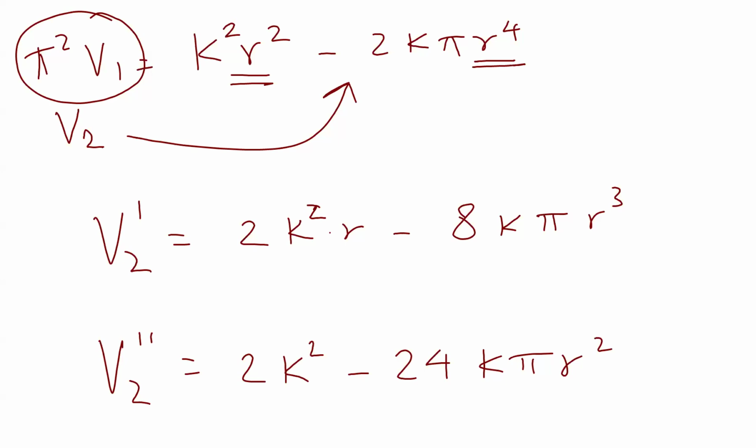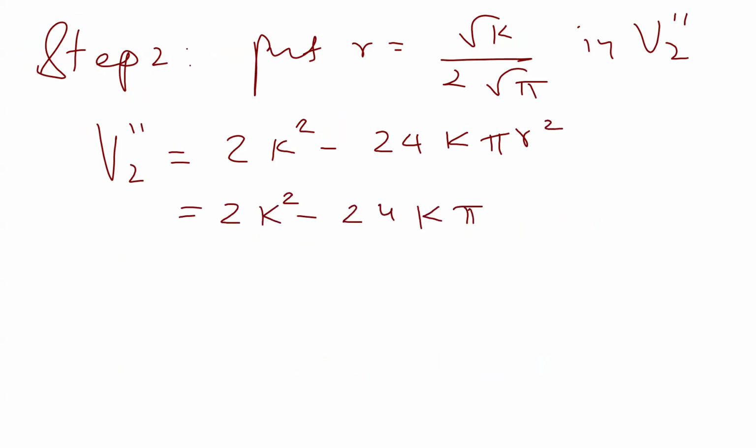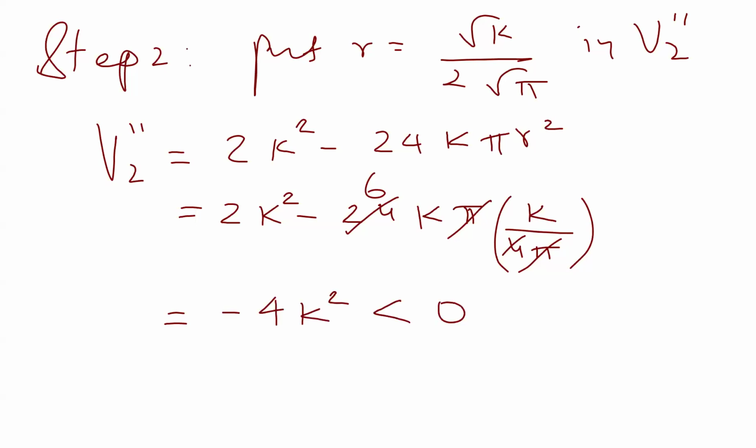V2 double dash is equal to 2K square minus 24 K pi R square. R square is K upon 4 pi. 4 got cancelled. 6. 2K square minus 6K square, minus 4K square, lesser than 0.